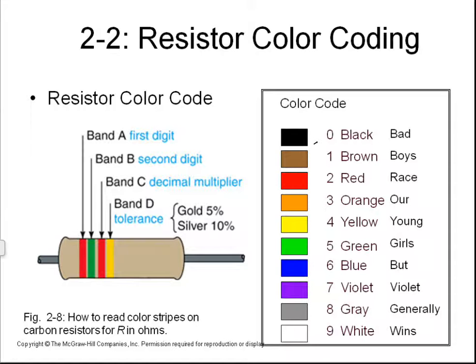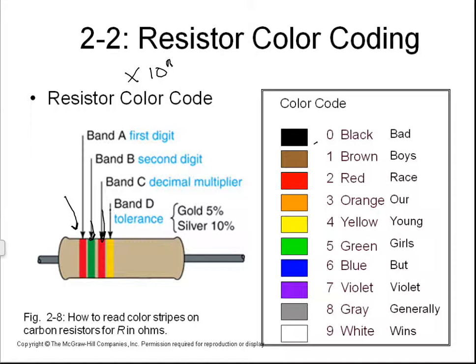So the bands on a resistor, we look and we say this is your first digit, here is your second digit, just like the graphic says. Then your multiplier, and that is a decimal multiplier, so we're talking times 10 to some exponent. So if it's a red band like this one is, then it's 10 squared, or 2 zeros after the first and second digit.